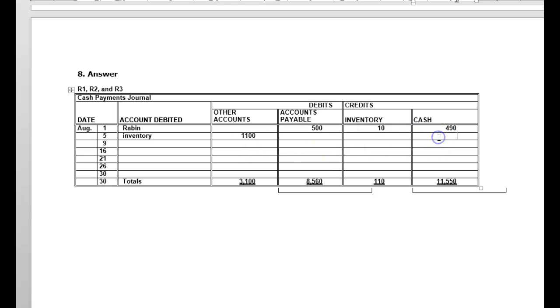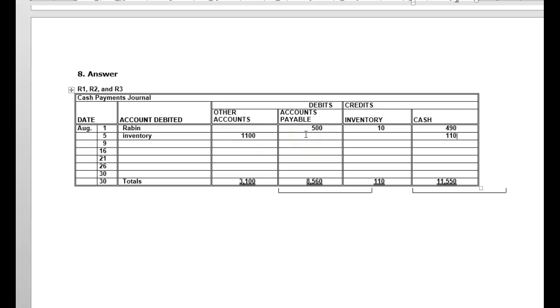And then the credit over here would be for cash. So you have to be very careful that the way the cash payments journal is set up, it only has accounts here that are used a lot, often.